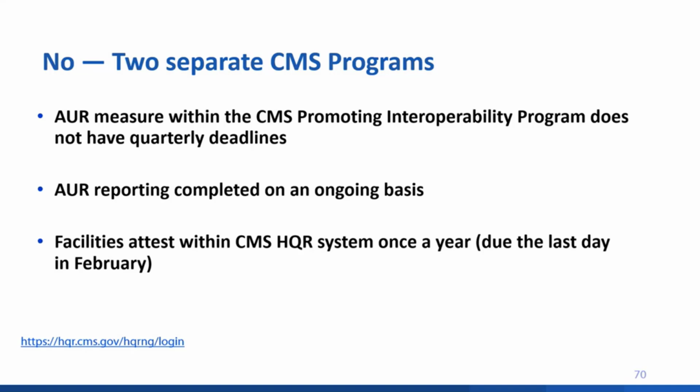AUR reporting is completed on an ongoing basis. Facilities attest within the CMS HQR system once a year, and that is due on the last day in February. We have included a link to the CMS Hospital Quality Reporting, also known as the HQR system website, at the bottom of this screen.